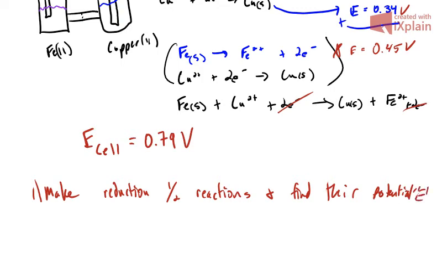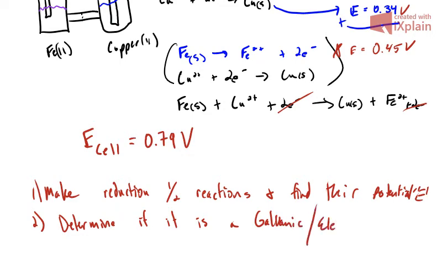That's step 1. Step 2, determine if it is a galvanic or electrolytic cell.